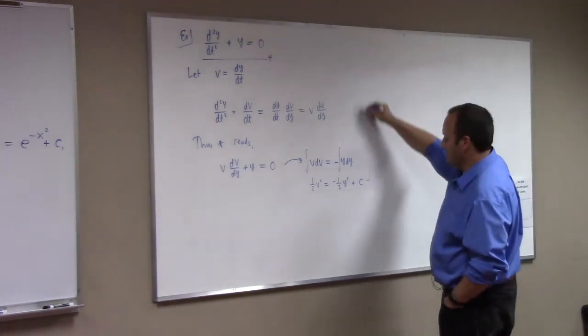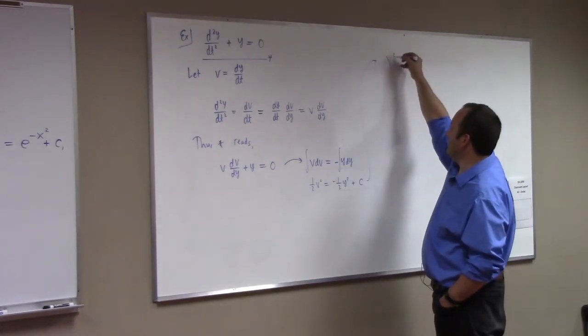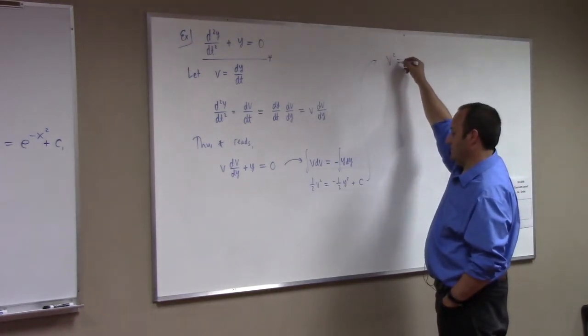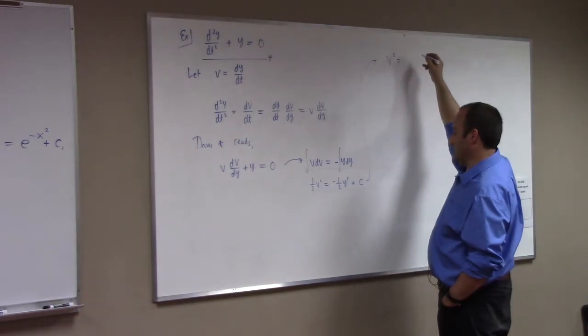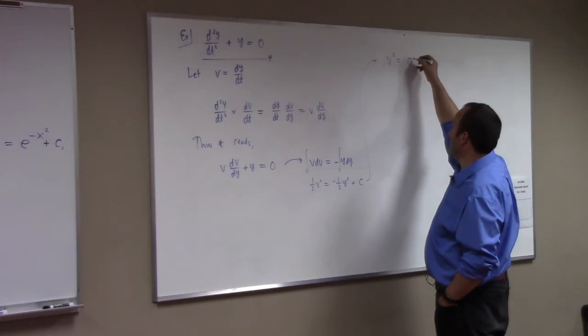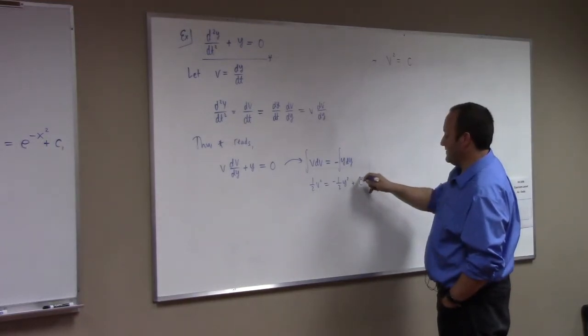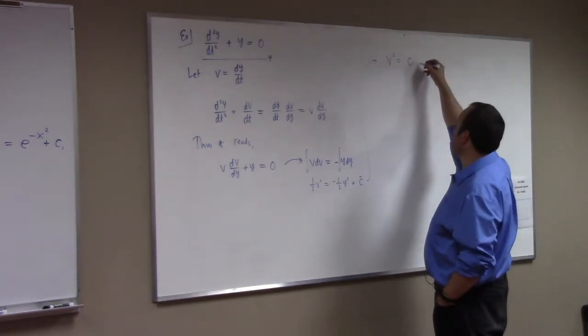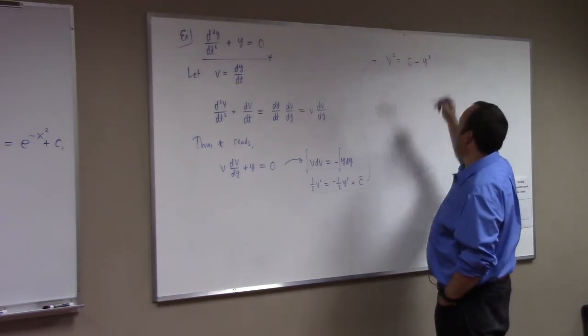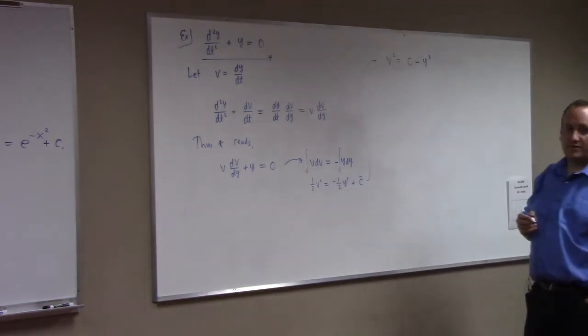Or let's see here. We could rewrite that as the velocity squared is equal to some other constant. I'll put a bar on the original constant there. Some other constant minus y squared, right? But what is v squared?